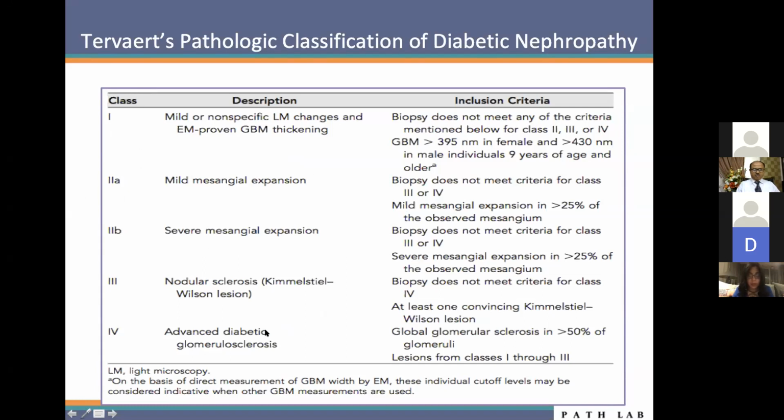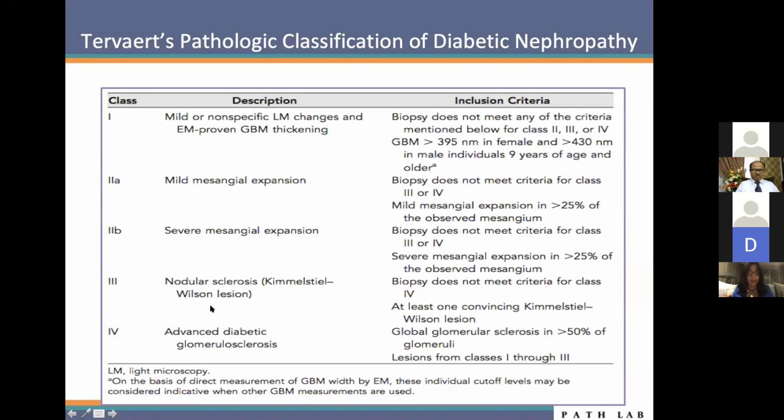The most important thing is that class 4, advanced diabetic glomerulosclerosis, is characterized by global glomerulosclerosis in more than 50% of the glomeruli, irrelevant of which class you are in. So even if I have mild mesangial expansion and the patient is classified as 2A, and I have more than 50% glomerulosclerosis, then we are in advanced diabetic glomerulosclerosis.